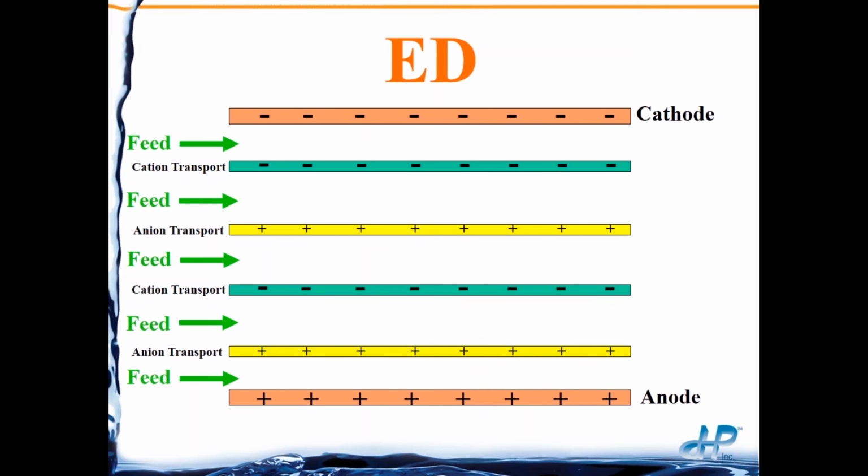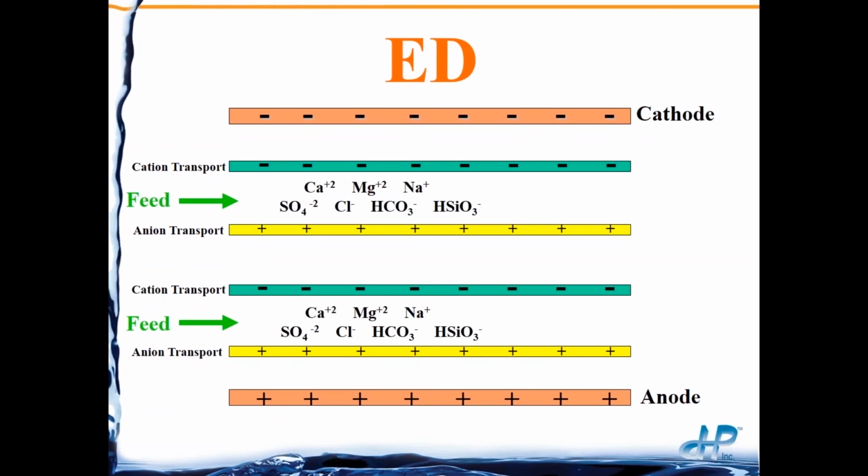So the feed water is going to enter between either the membrane sheets or the membrane sheet and electrode, and is going to pass from one end to the other. So in the feed water we have cations, here calcium, magnesium, and sodium. We have anions, sulfate, chloride, bicarbonate, and bisilicate or silica.